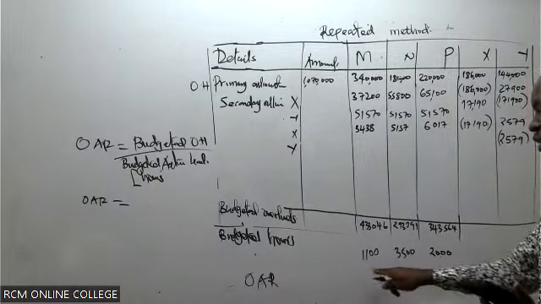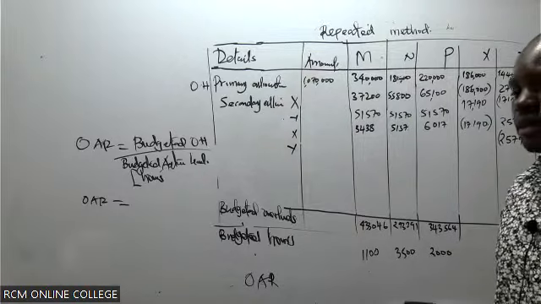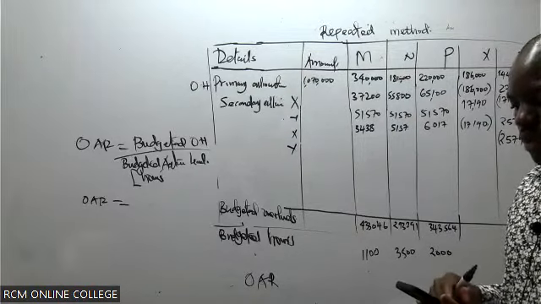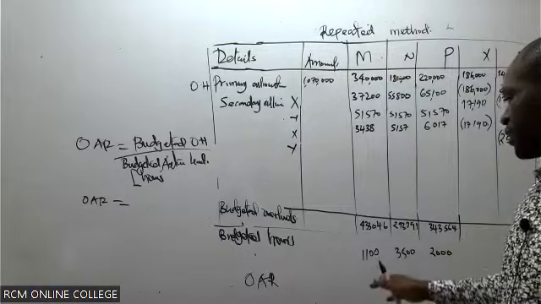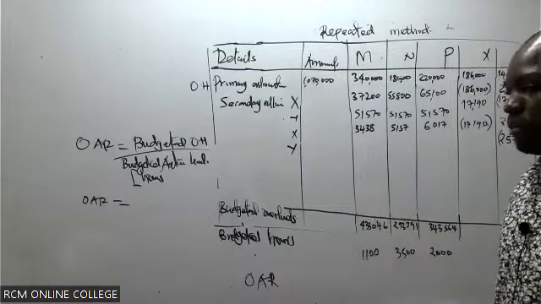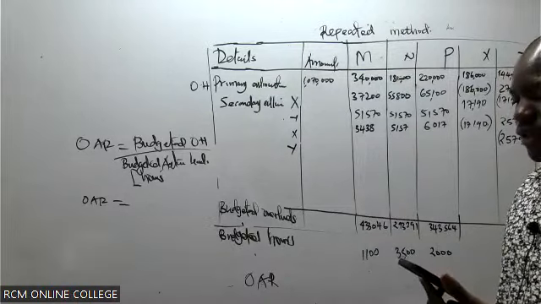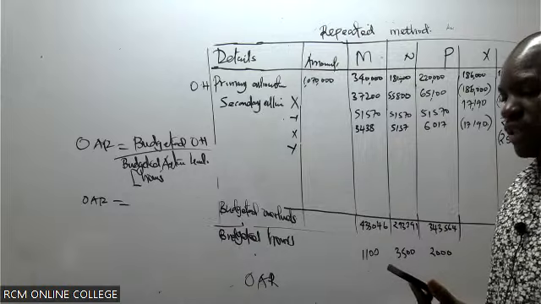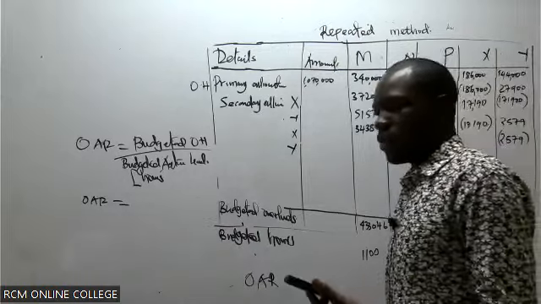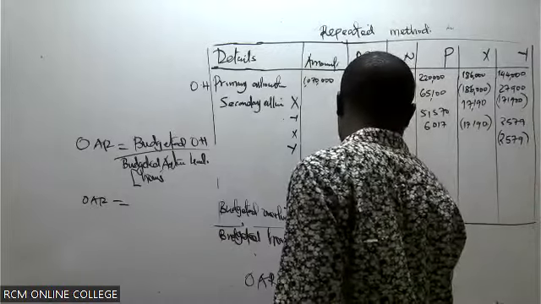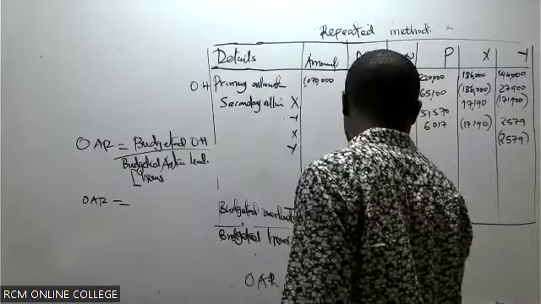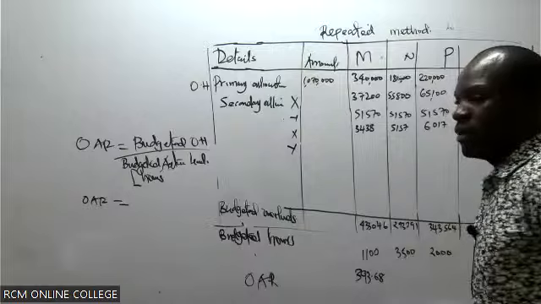Now watu sasa wamenyamaza. The first one ni ngapi for M? What is the overhead absorption rate? 393.68. Na hapa ni ngapi N?